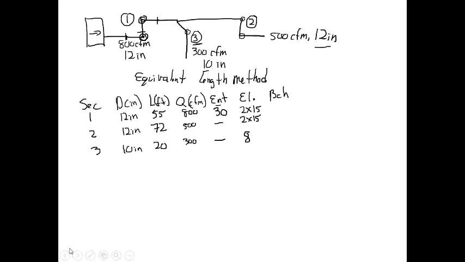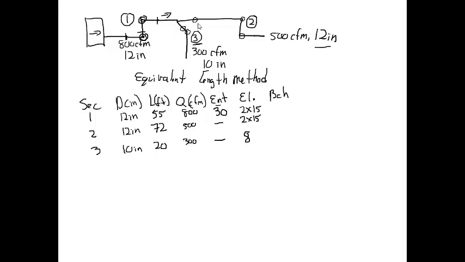The way it's dealt with is that you include the loss of the branch in the section that they're branching to. Since this is flowing this way and being diverged into this section and this section, I'm going to count the loss of the branch on the sections we're diverging to.